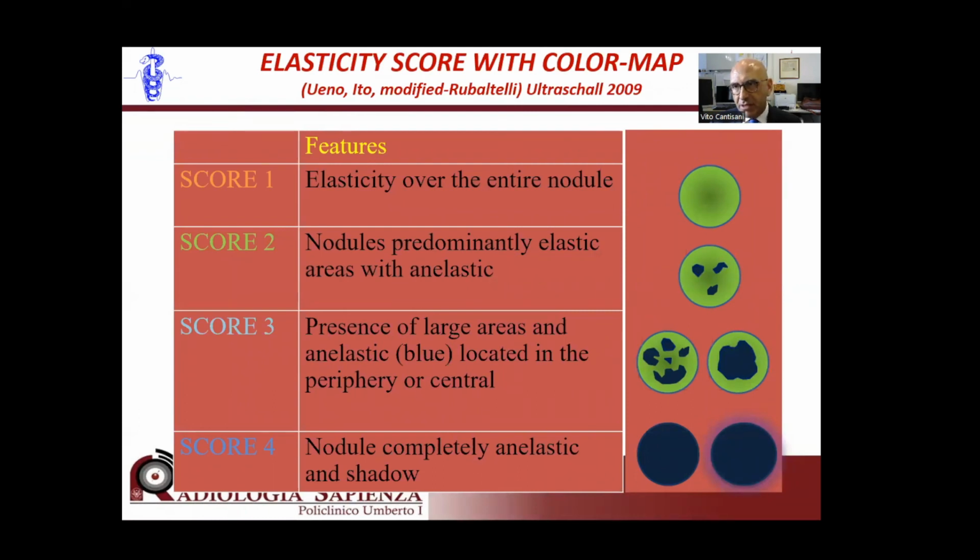Again, how we may characterize nodules using ultrasound elastography. Ueno and Ito produced the 5-color scale-based classification for breast. It was adapted to thyroid and modified by Rago in 4 grades.